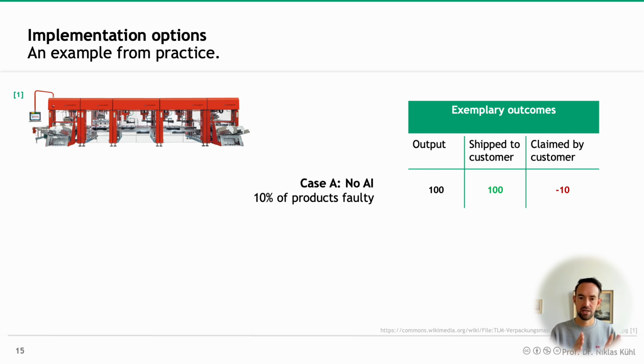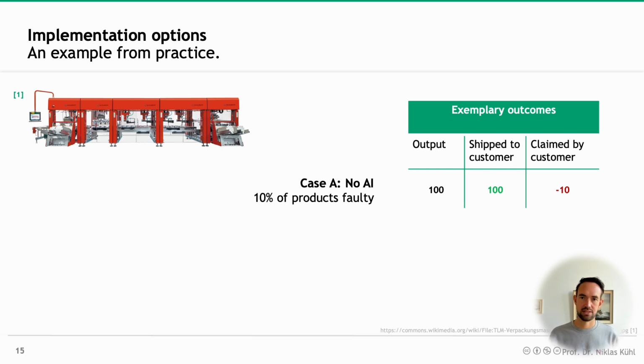We see a table here with the output, the ones shipped to the customer, and those claimed by the customer because they are faulty. And let's assume for the moment that in the baseline we have no AI at all, and 10% of our products are faulty. So our factory outputs 100 units, 100 of those are shipped to the customer, and 10 are claimed, right? That is bad. That's something that we typically don't want.